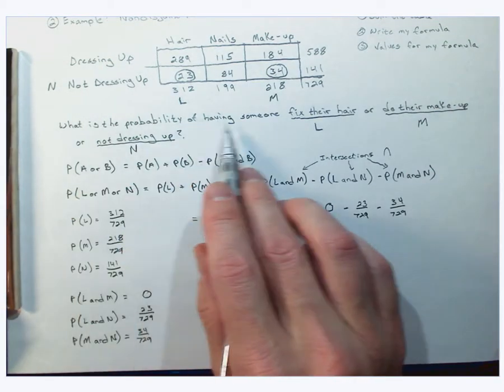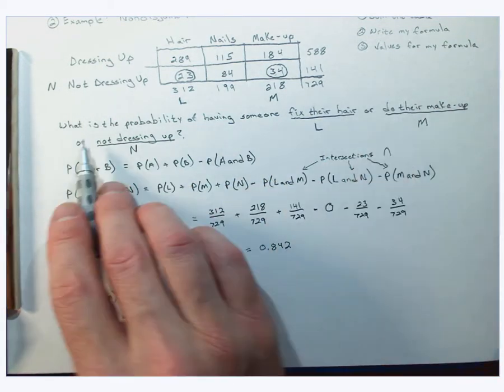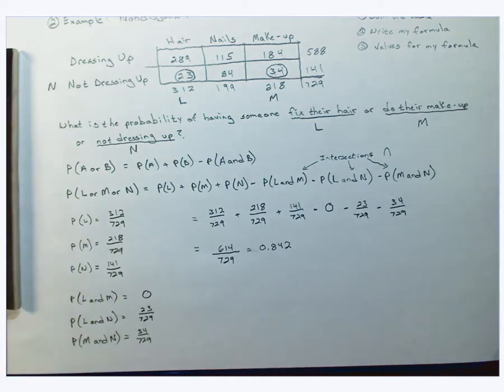What is the probability of having someone fix their hair or do their makeup or not dressing up? 84%.